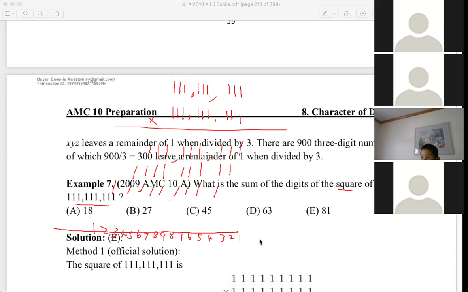Now let's see if we add these digits together, what do we get? You can combine 1 and 9 together, you get 10, right? You combine 2 and 8 together, you get another 10. 3 and 7 together, another 10. 4 and 6 together, another 10. So this side, you get 40, plus 5, that's 45.